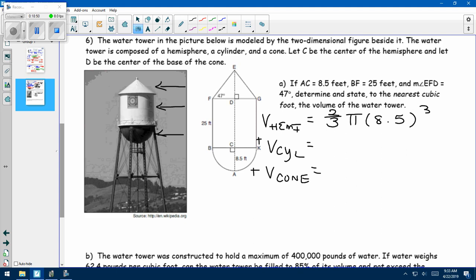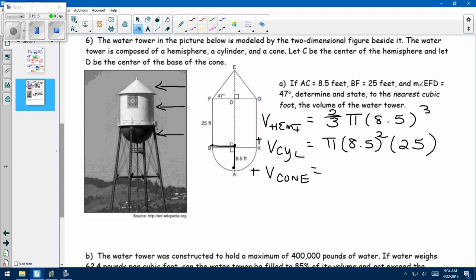To calculate the volume of the cylinder, the volume of the cylinder in the middle has the same radius, right? This radius would be the same as the radius going this way in the hemisphere. So we know pi r squared h is the formula, so it's going to be pi times the radius of 8.5 squared times the height, which is given to us as 25.